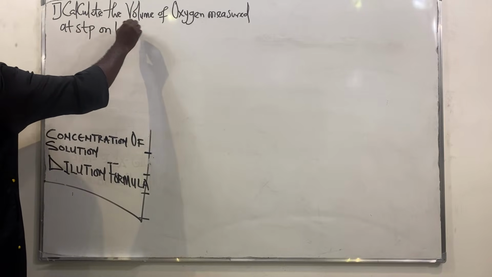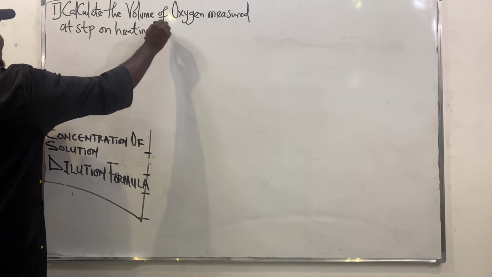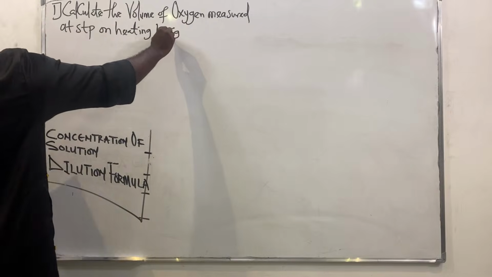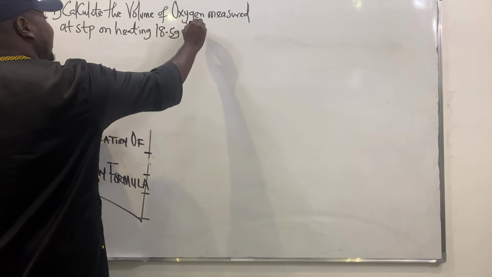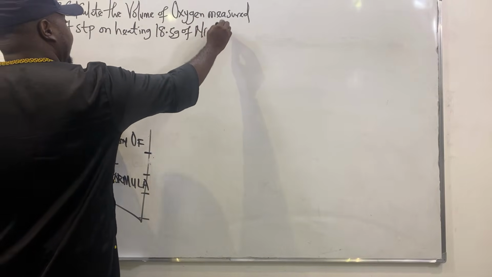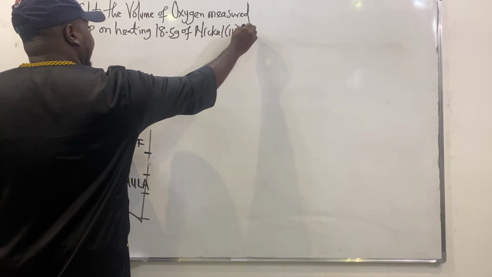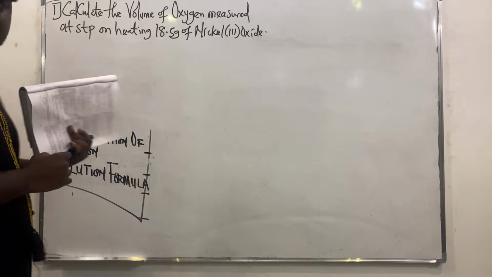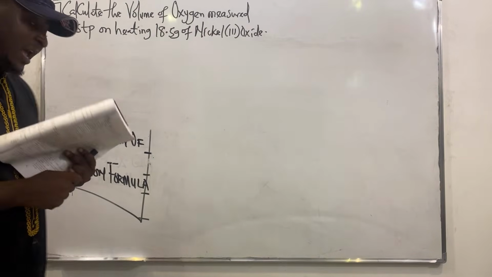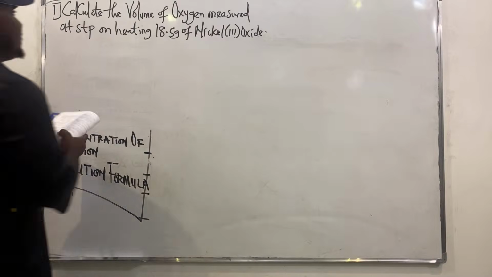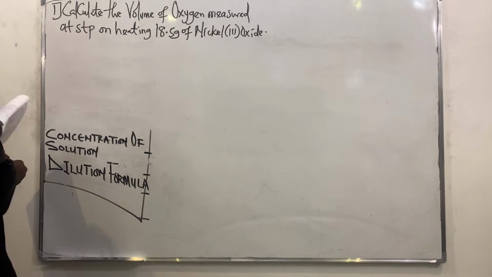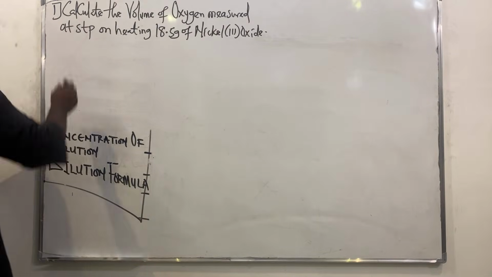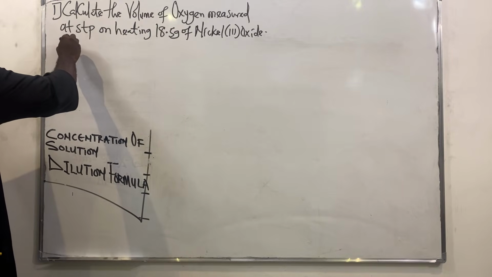On heating 18.5 gram of nickel 3 oxide, calculate the volume of oxygen measured at STP. Look at nickel 3 oxide.